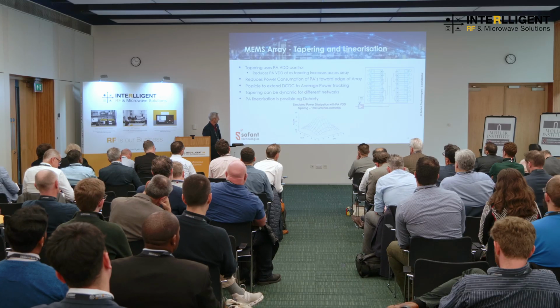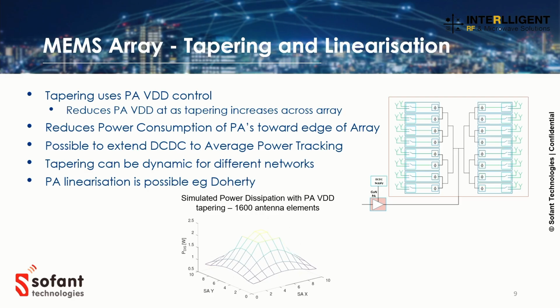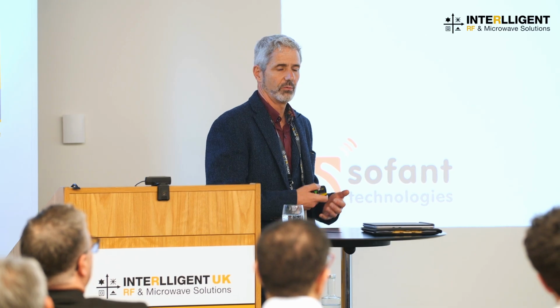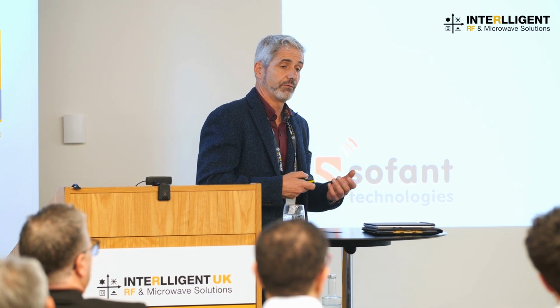On top of that, we can do some of the things that I think Chris was talking about earlier. We have options to do DPD linearization, because in a normal architecture it's difficult to do that as you don't have space close to the parts. Because we have one PA driving 16, we have more space to implement things like linearization. We can do average power tracking. In theory, we could do envelope tracking if we needed it.